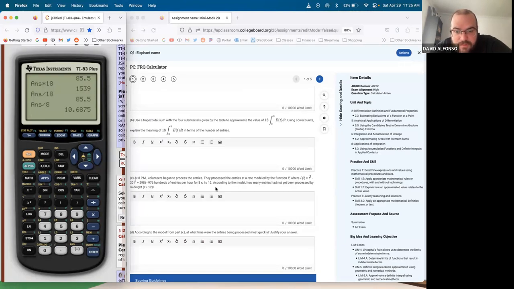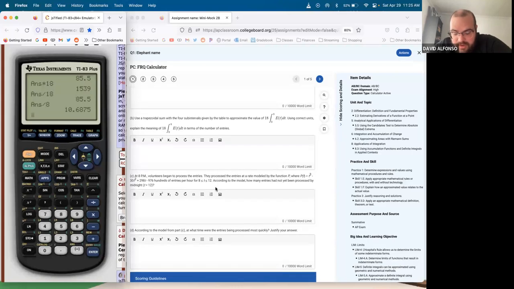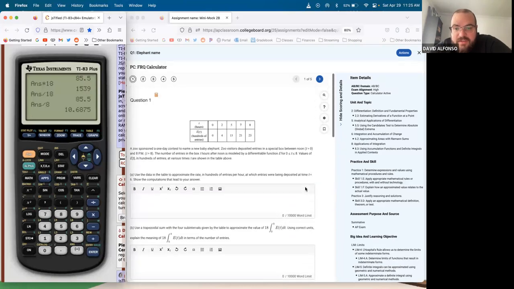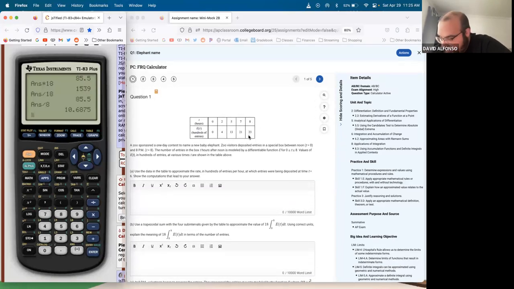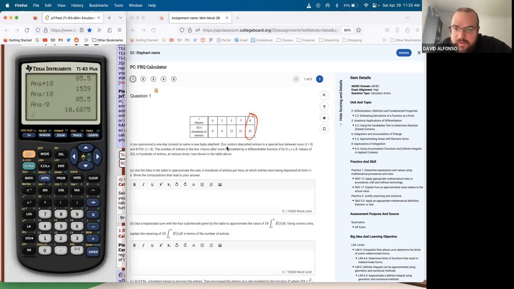So this is the rate at which they're processing the entries. Let's take a look here. At 8, we can see here there were 23 entries made. So that means that in the 8 hours that passed, there were 23 elephant names submitted. God, this is the weirdest prompt.